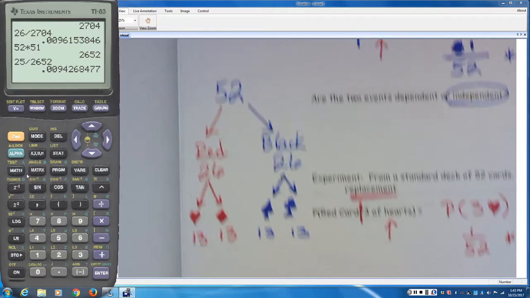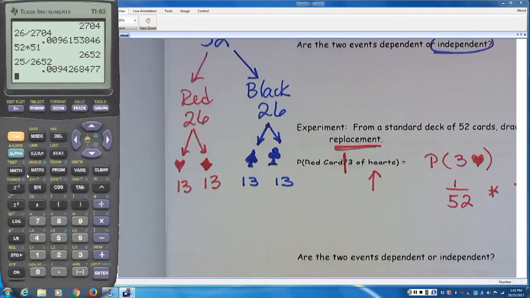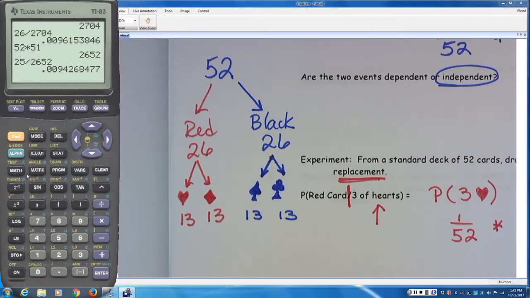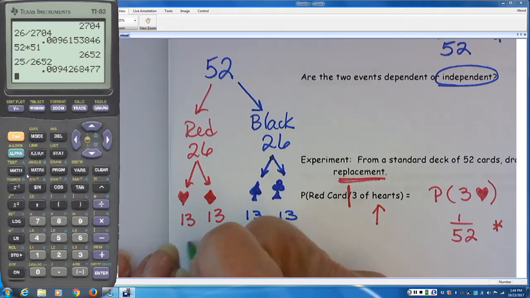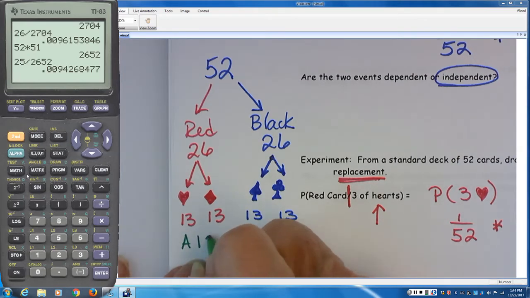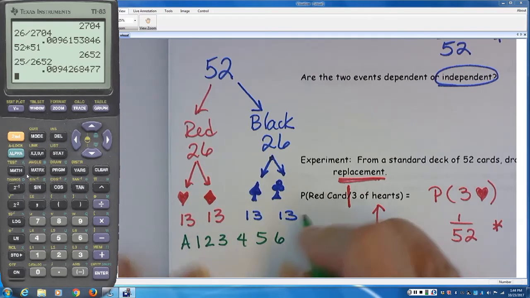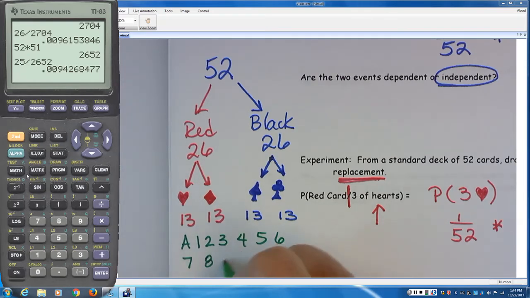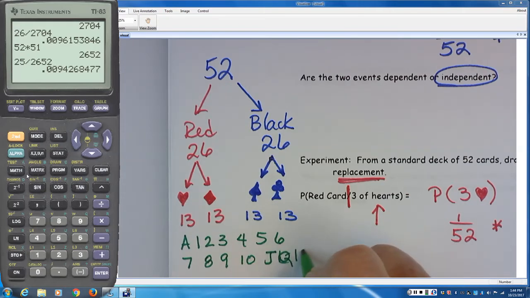And then the way the cards work is for each of these suits, you've got an ace, 1, 2, 3, 4, 5, 6, 7, 8, 9, 10, jack, queen, king.